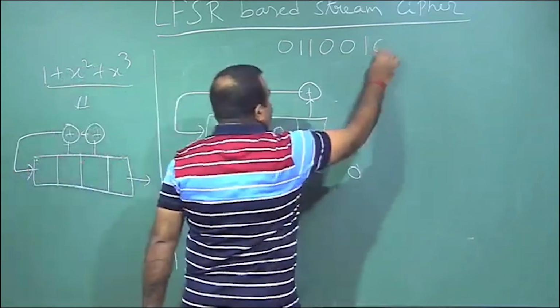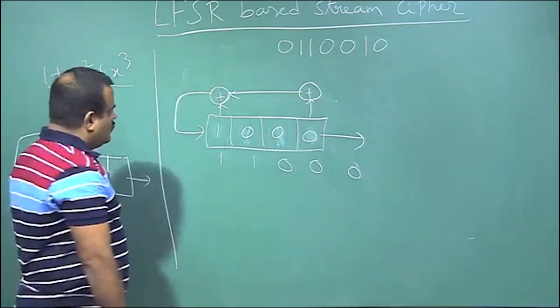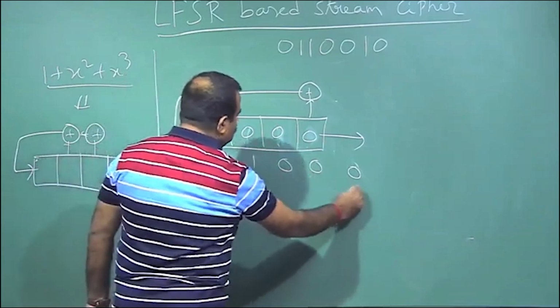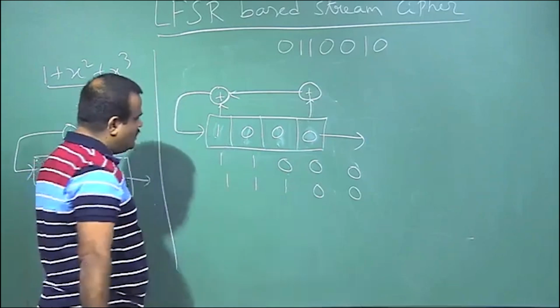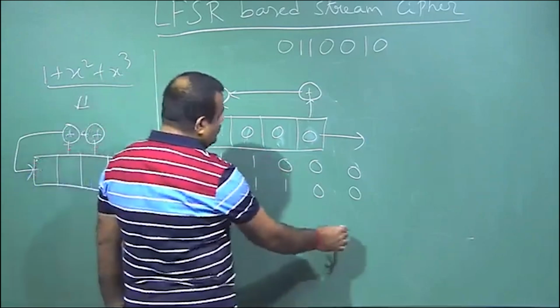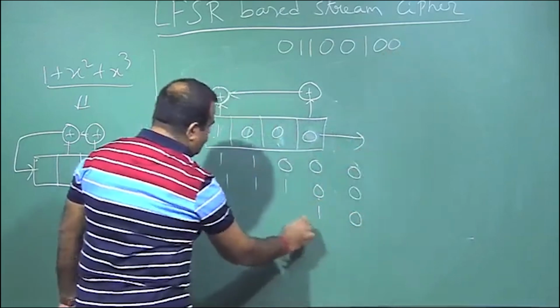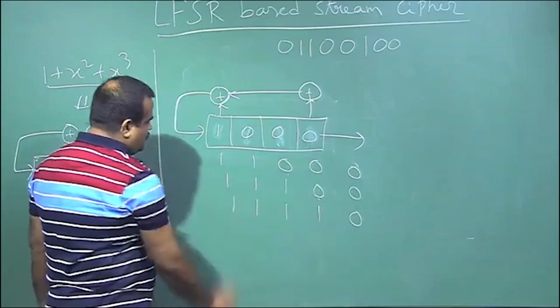So, the next key stream bit is 0, and then we again take this out, 0 0 1 1, and this will be 1 again, and we continue like this. So, this is again 0. Now this 0 will come here, 1 1 1, and this is the current state, this will be again 1.